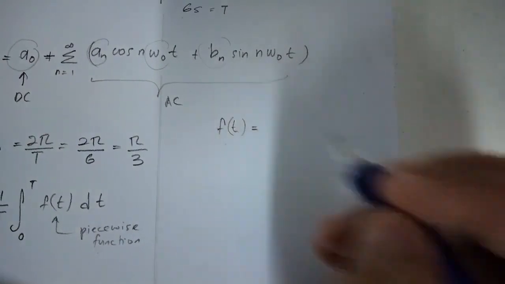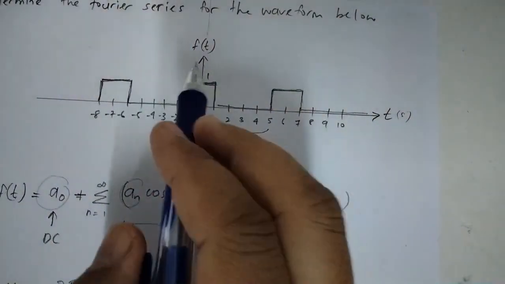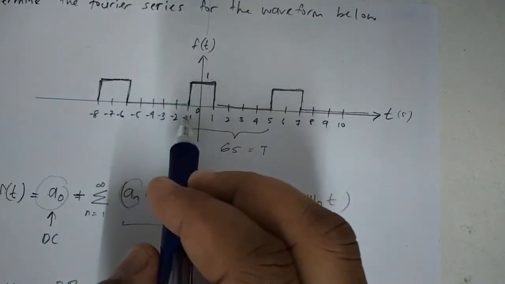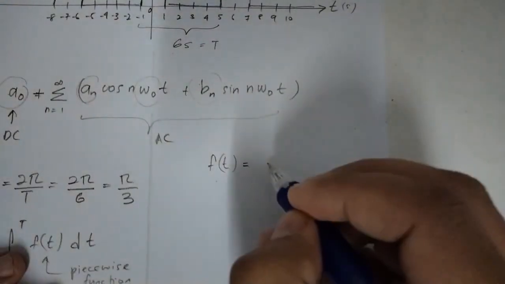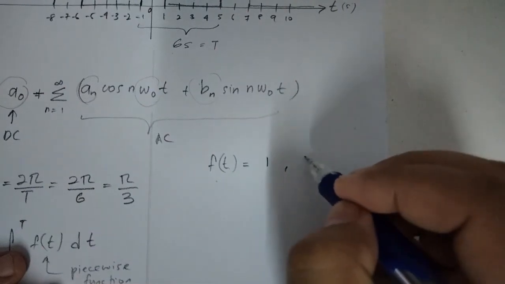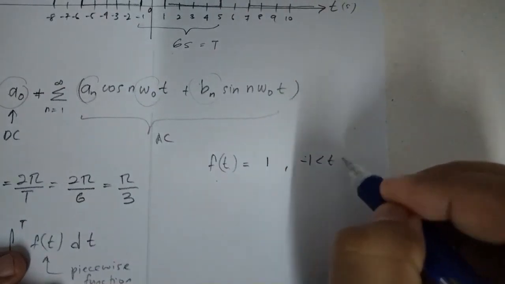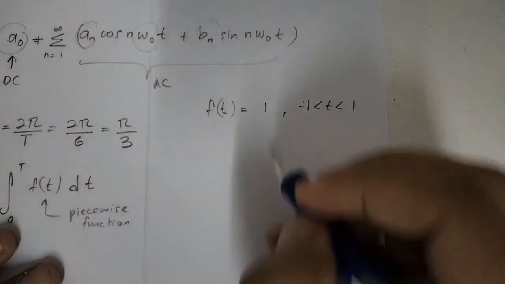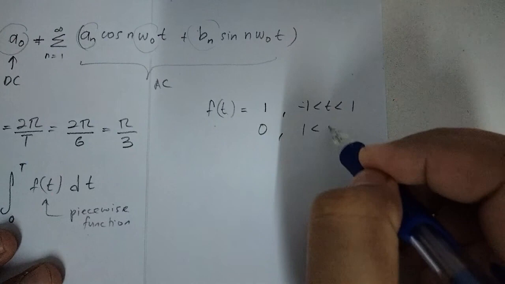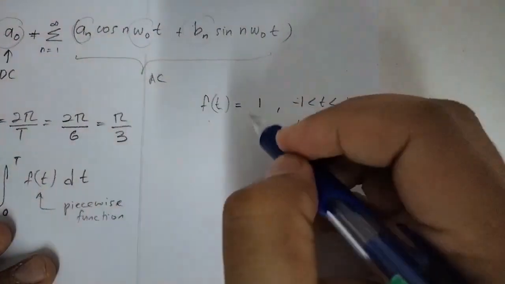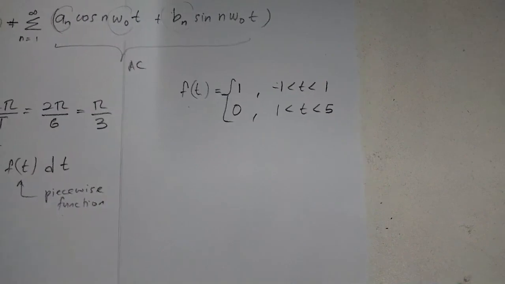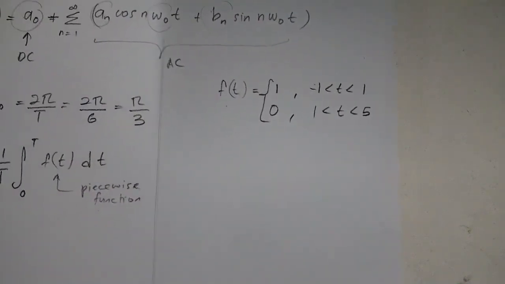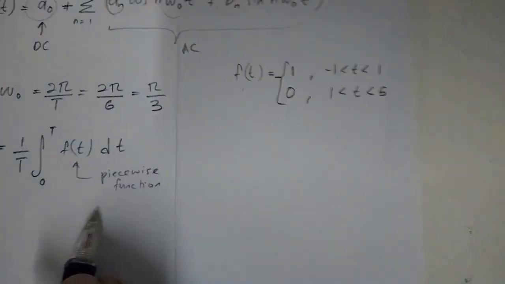The piecewise function for this waveform is 1 from -1 to 1, and then 0 from 1 to 5. So this is the piecewise function for the waveform. Now we can use this to calculate a0.